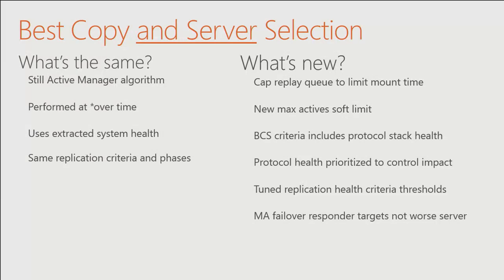That's trying to give better distribution of databases in the face of a few servers failure. The BCS criteria around protocol health, I have a slide on that. We'll go through that. But again, that's about trying to find the best place to put active copies when you consider the fact that database copies on servers with unhealthy protocols correspond to an outage.